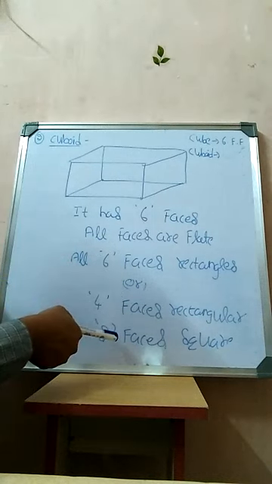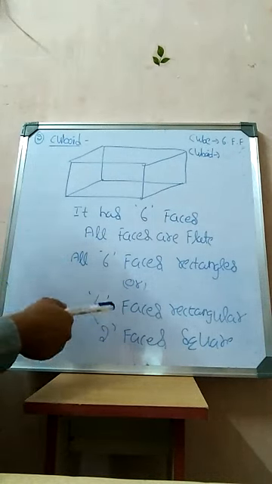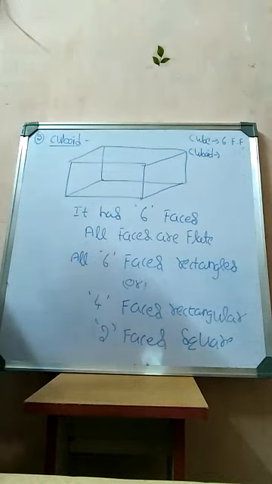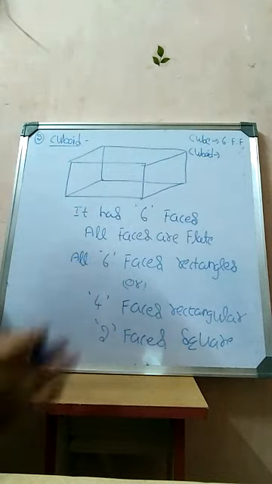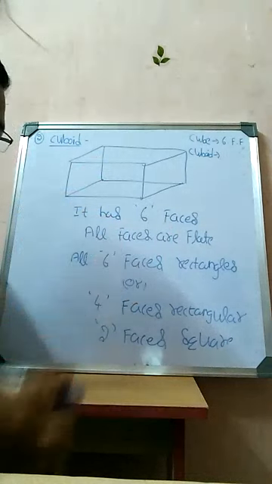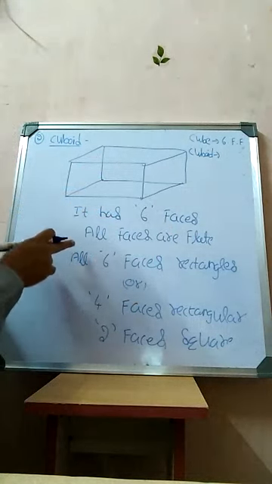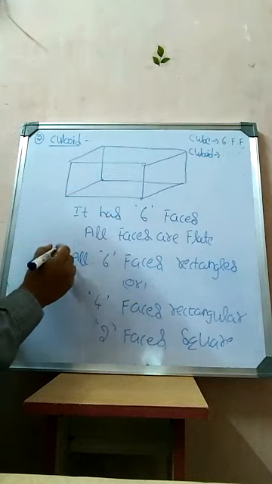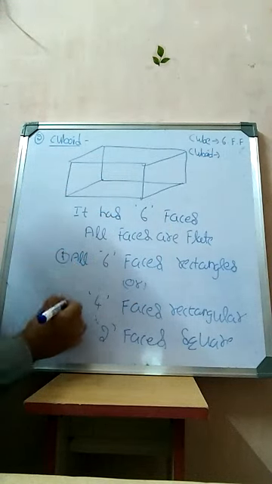So if 4 faces are rectangular and 2 faces are square, that means a toothpaste box. All 4 faces will be rectangular and 2 faces will be square. So it is a cuboid. And next, a brick. In a brick also 4 faces will be rectangular and 2 faces will be square. So we have to take 2 conditions here.